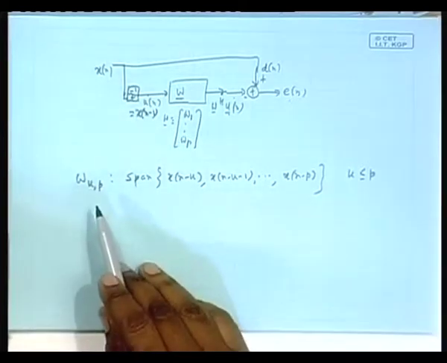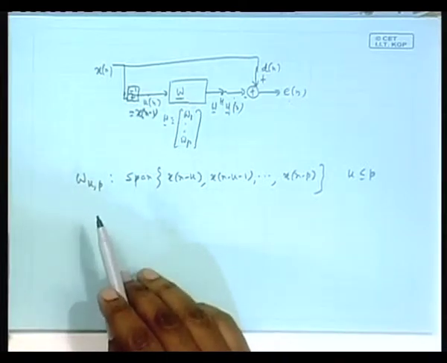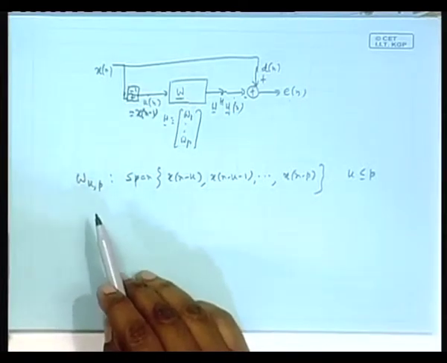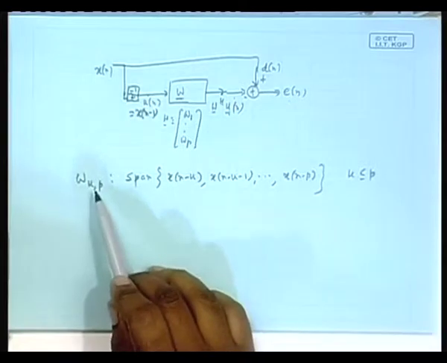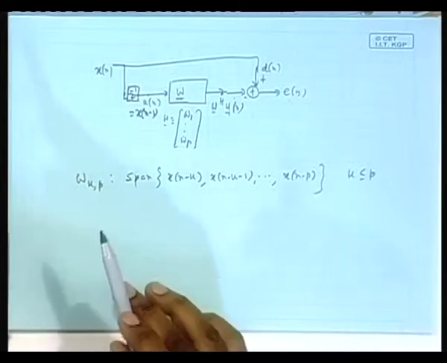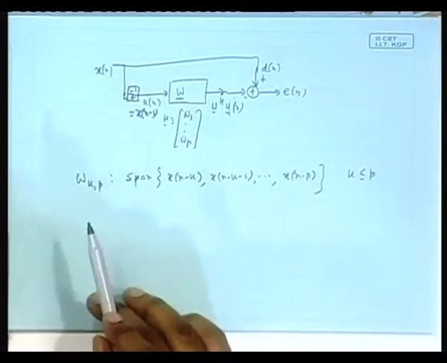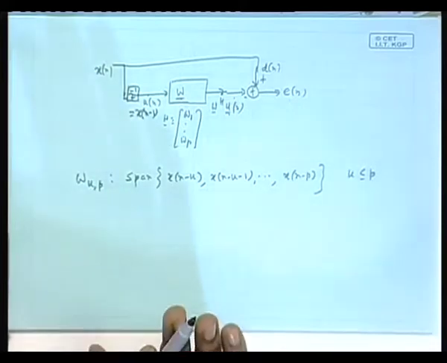This subspace has its own linear orthogonal projection operator. Given this subspace, take any vector of H, any random variable, and you can have a unique orthogonal projection of that on this subspace, and that operation is linear. You remember I proved all this.